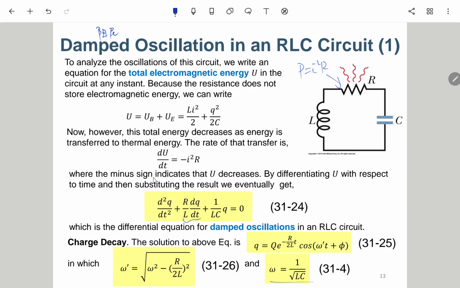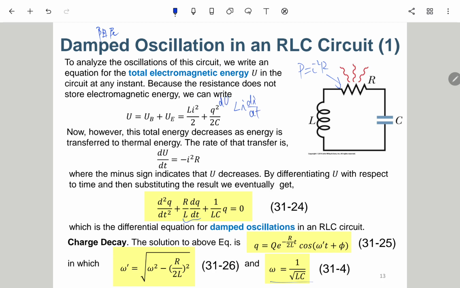Okay, so similarly, we can also take the derivative of this, but it is not equal to 0 anymore. It is equal to negative I squared R. So in such a way, taking the derivative, we still have Li di/dt.